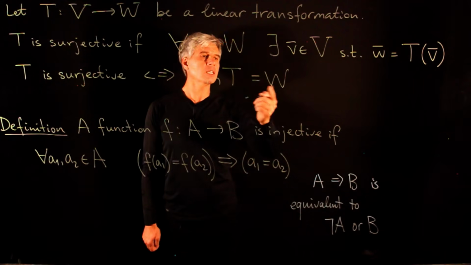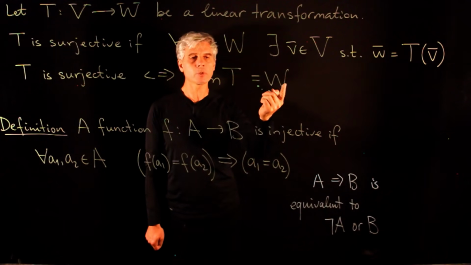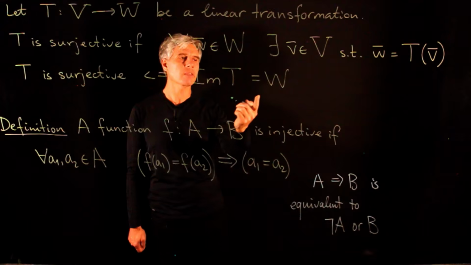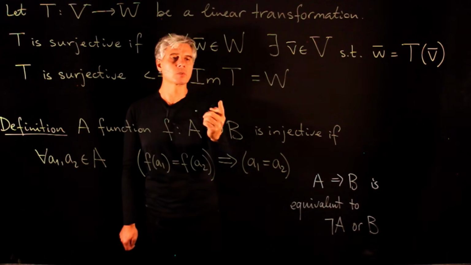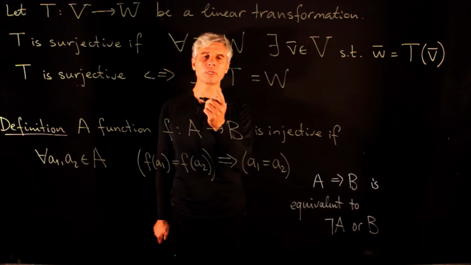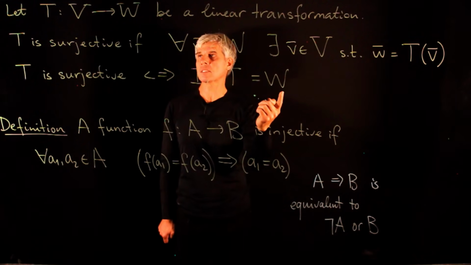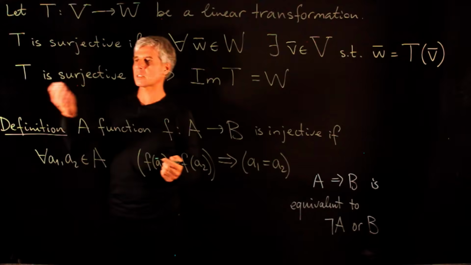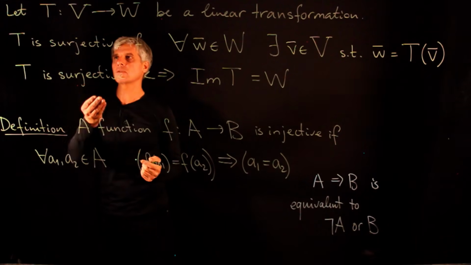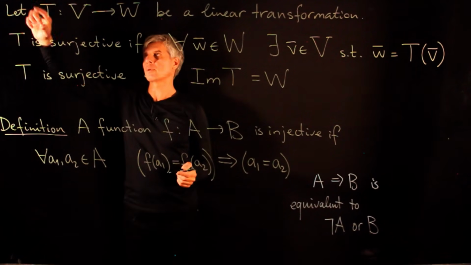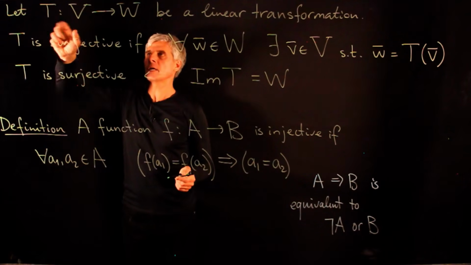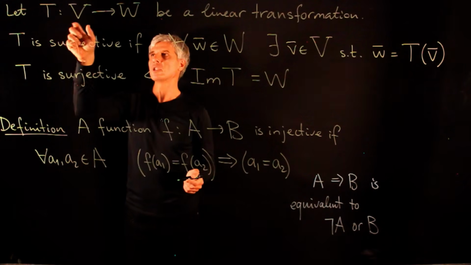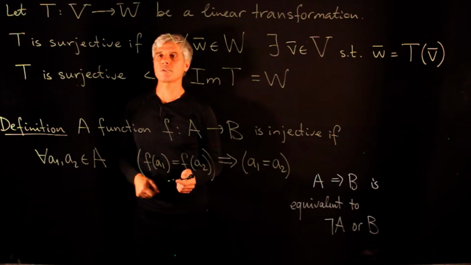So if the set of all possible images is W, that exactly means that every vector in W has a pre-image under T. So this means that the equality of the image of T to the whole space W is exactly the surjectivity property, right? So the linear transformation T from V to W is surjective if W is the image of this transformation.